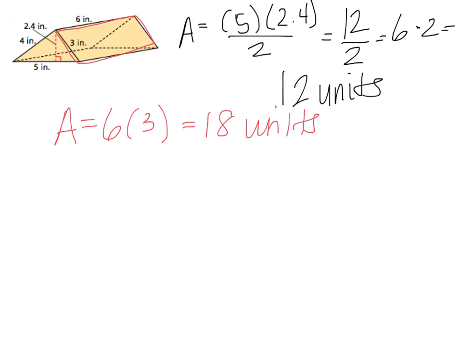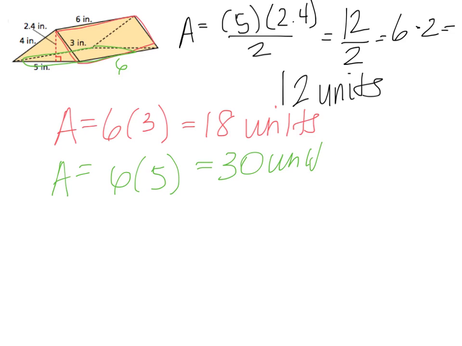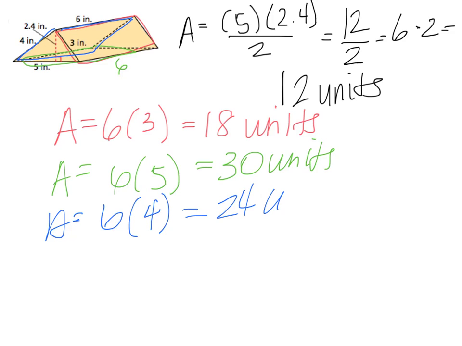Then I also see this bottom one, which is going to be 6 here, so 6 times 5, which is 30 units. And then finally we have 1 in the back, so again that's 6. And then they're telling me that this side is 4. So that area is going to be 6 times 4, which is 24 units.